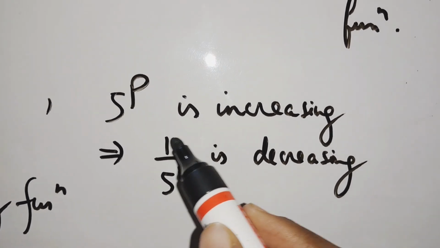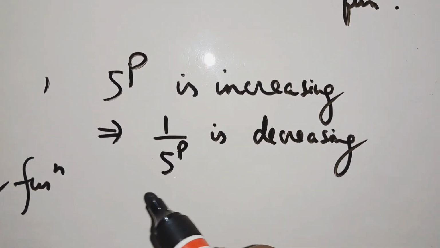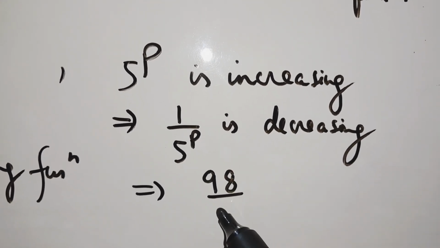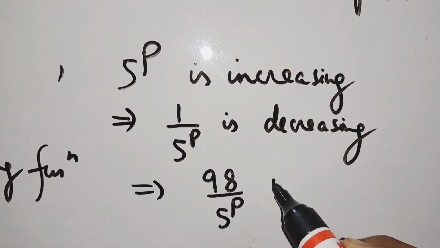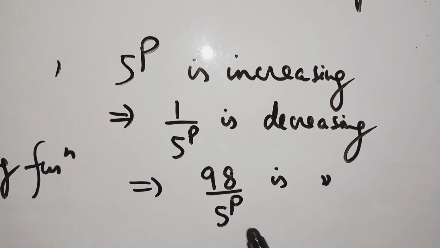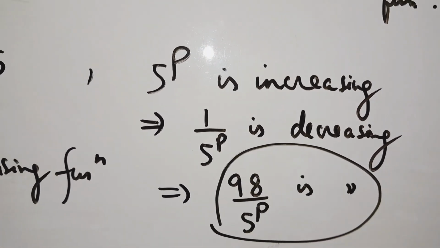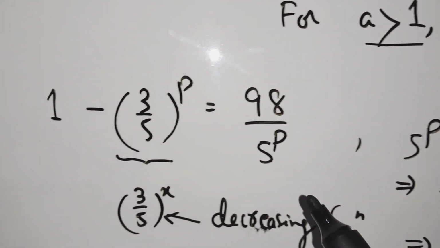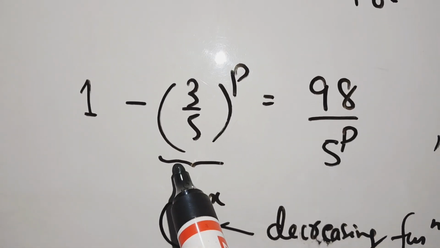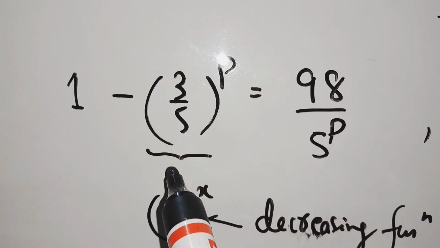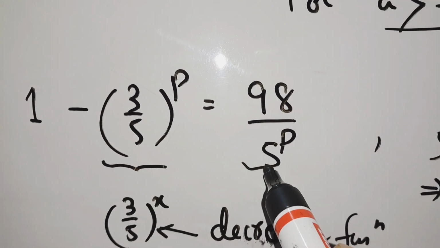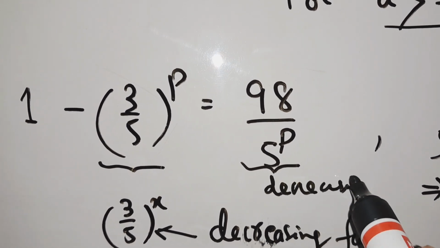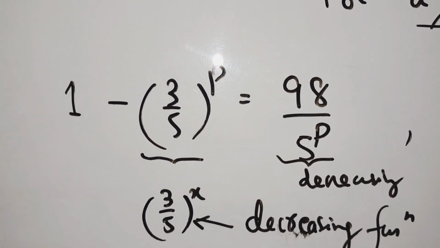If 5 to the power p is increasing, 1 by 5 to the power p is decreasing, and any constant times that 1 by 5 to the power p is obviously decreasing. So this function is a decreasing function. Again we see that 3 by 5 to the power p is a decreasing function, and this is also a decreasing function.